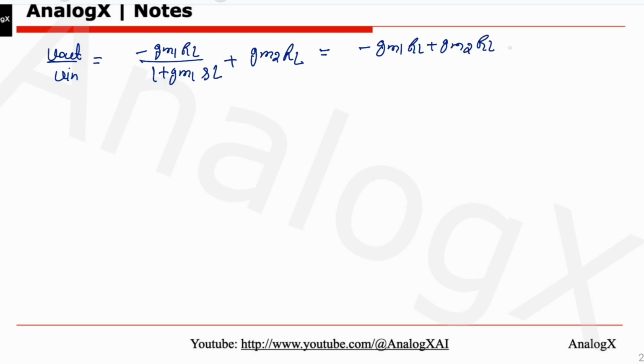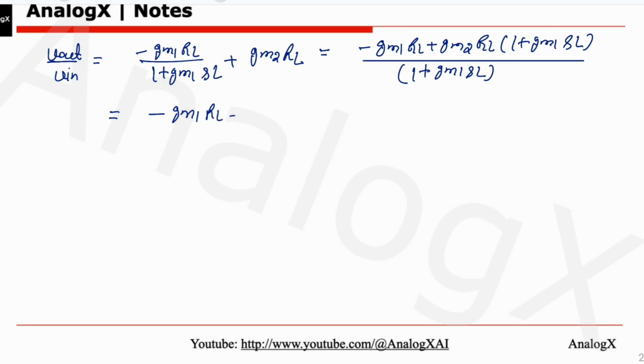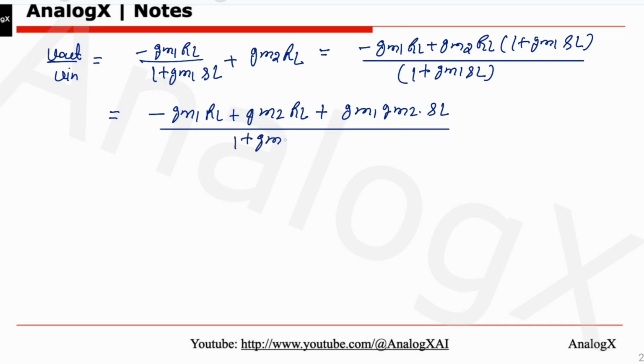Simply taking the LCM, that will be minus Gm1 RL plus Gm2 RL into 1 plus Gm1 RS, divided by 1 plus Gm1 RS. Now we will open this bracket, so we will get minus Gm1 RL plus Gm2 RL plus Gm1 Gm2 RS RL divided by 1 plus Gm1 RS. Now we will take some terms common.